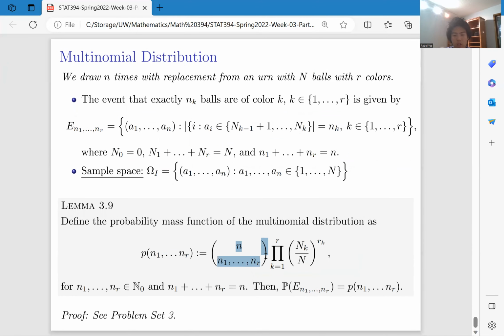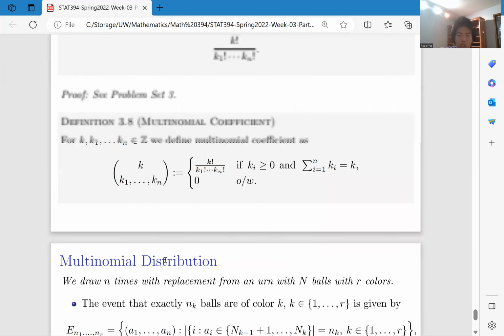We use the multinomial coefficient placed above in the replacement of the binomial coefficient, and we multiply all of those small terms one by one: k1 divided by n1 divided by n to the power of k1, and times the same, changing k into 2, 3, 4 until r. So this is the formula for solving that question.